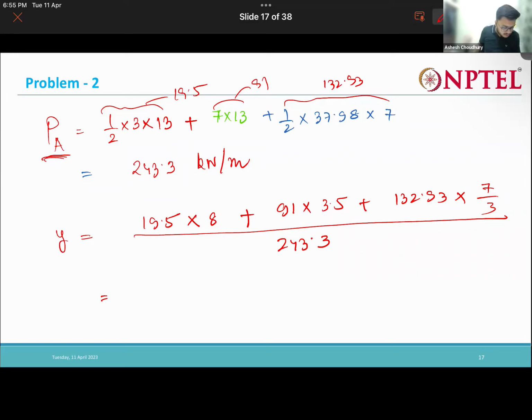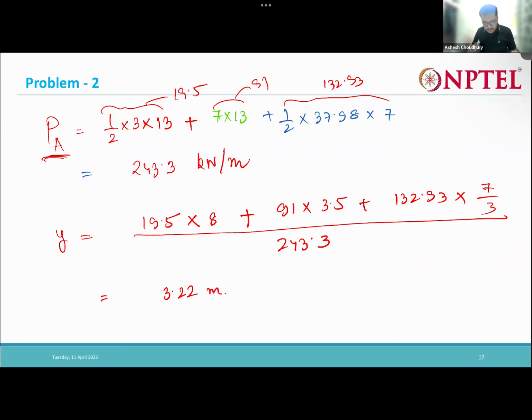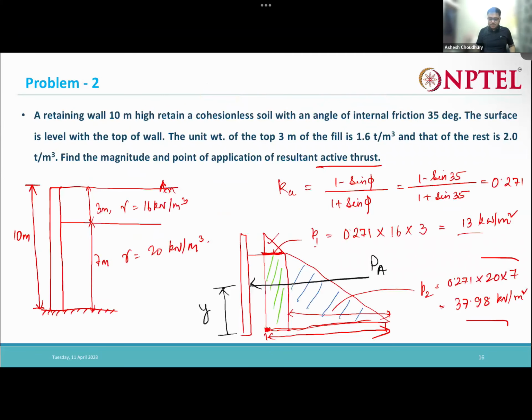I think it will be close to 3 meters. 3.22. Okay. So this is where my P is actually acting.